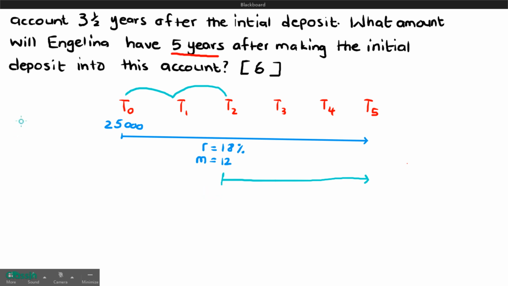So when you deposit, it means that you are adding an amount of money, therefore we say it is positive. When you withdraw, you know when you go to the ATM or FNB and take out money, to withdraw is to subtract.